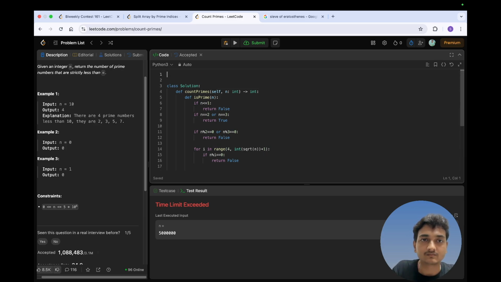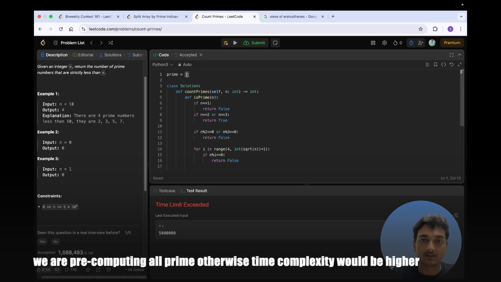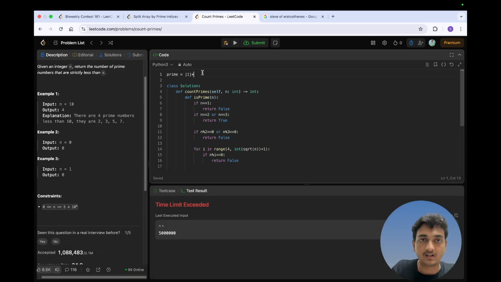So I will write prime equal to 1 initially, and I will write something like 10 to the power 5 plus 1. Okay, because we have indexes from 0 to 10 to the power 6. Sorry, 10 to the power 6.